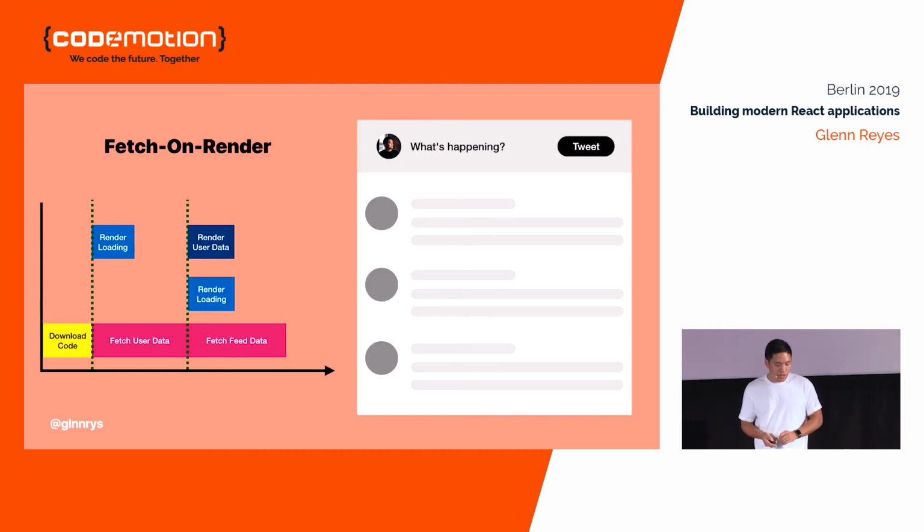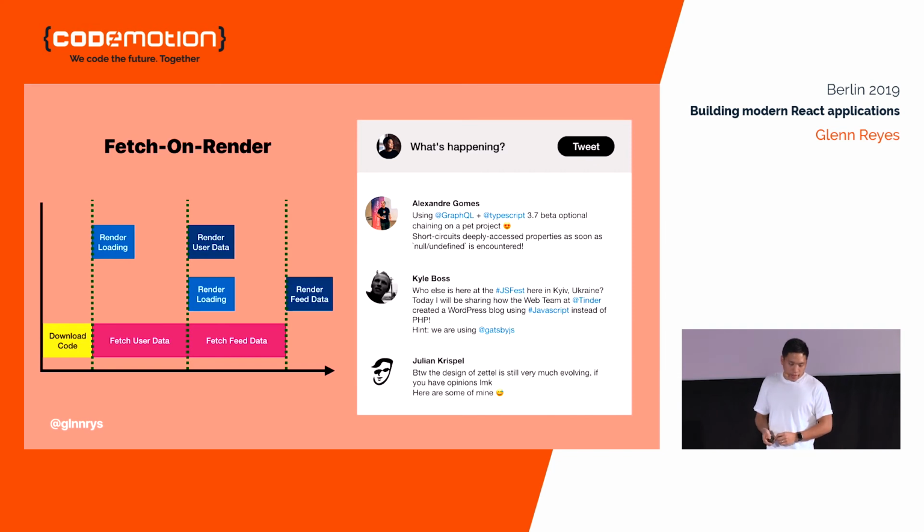And once we have fetched the data, we render our user data, which is here in our composer, and start loading the UI for the feed and start fetching the feed data. And once we have the data, we render it to the UI, and that's it. We have our page loaded now.